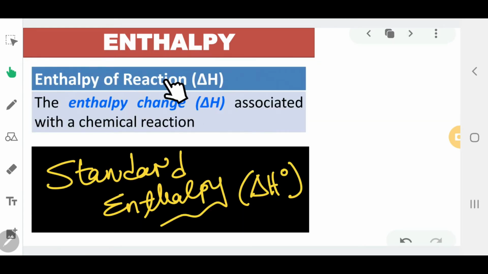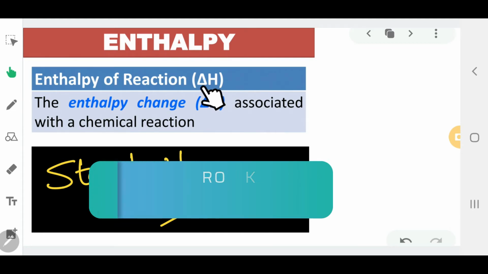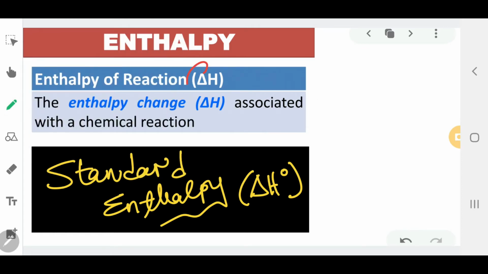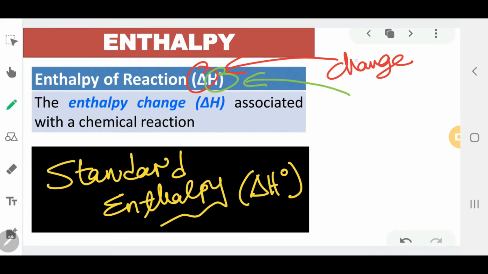The enthalpy of reaction, delta H: the delta refers to the change, and the symbol H is the enthalpy. Therefore, together they denote the enthalpy change associated with a chemical reaction.